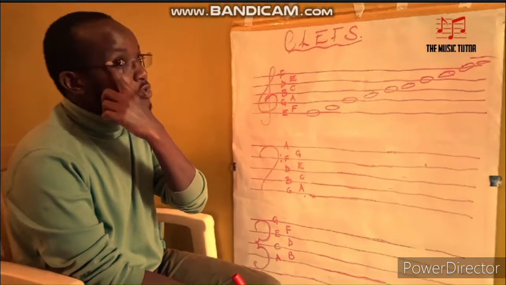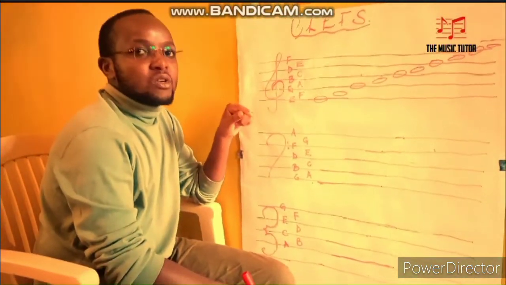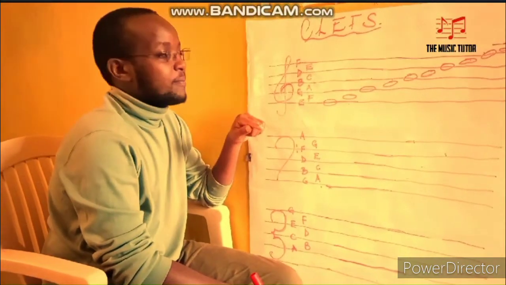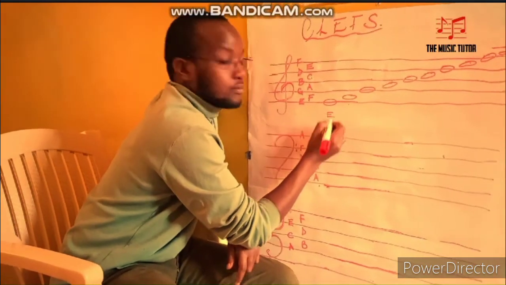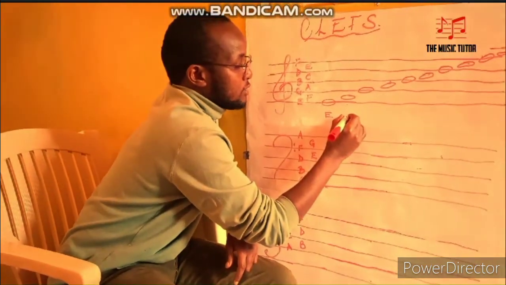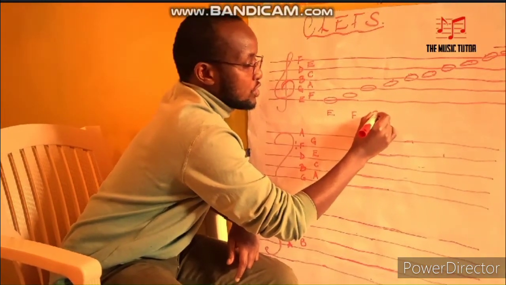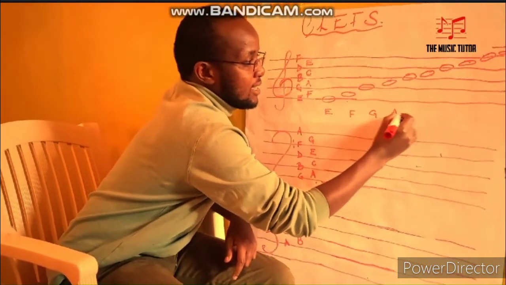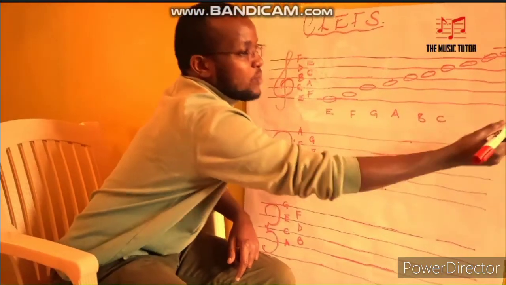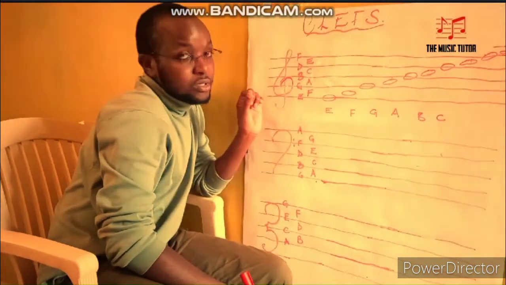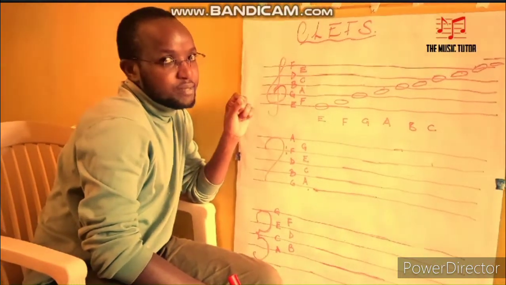But I would like you to know that these notes take the letter names of the line or the space. So this is note E. This is note F. This is note G, and A and B and C, and subsequently the note takes the letter name of the line or the space.